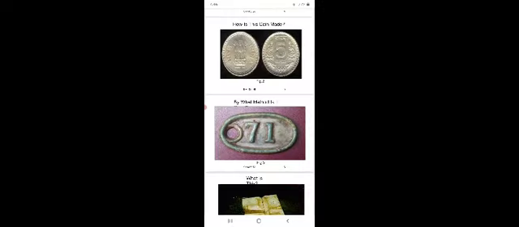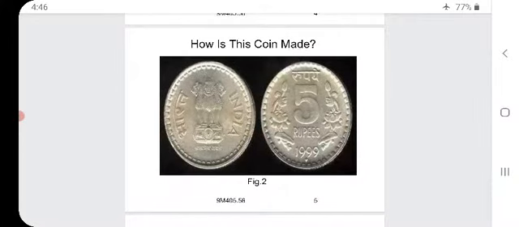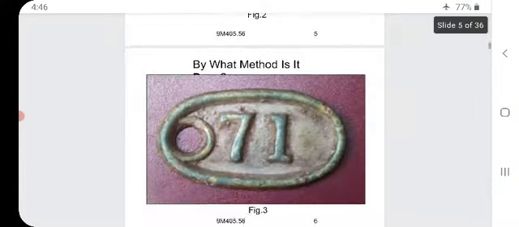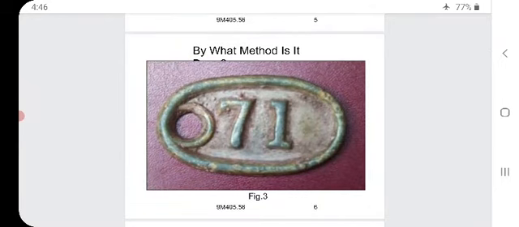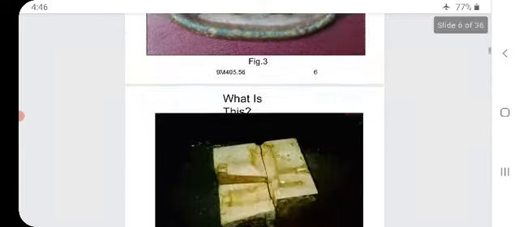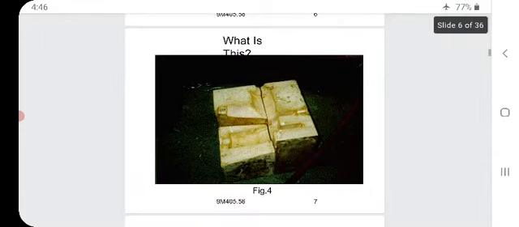With the help of that, we will make coins. By what method is this prepared? This is a simple example, a keychain. What is this? Nothing but a die.